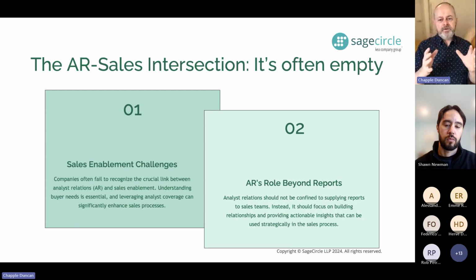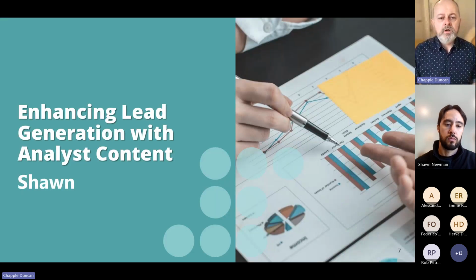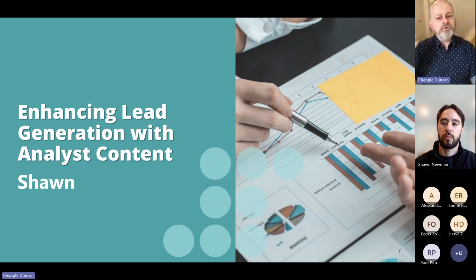So this intersection is often empty, and that's a huge problem because the benefits that can be opened up by organizations are huge. So with that context on why we're having this conversation, I'm going to hand over to Shawn now, really to pick up on the whole question of lead generation from a more strategic kind of angle.